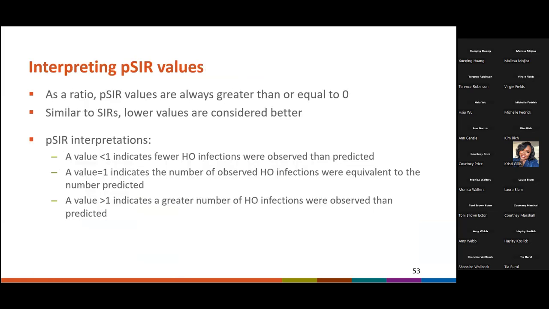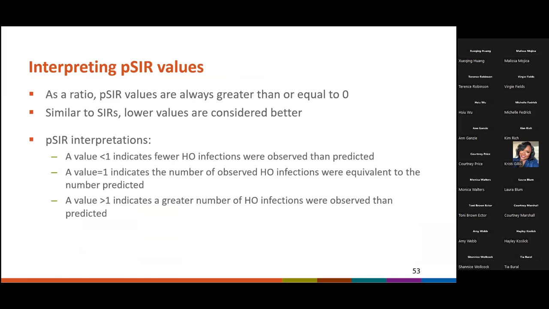As a ratio, pSIR values are always greater than or equal to 0. Similar to SIRs, lower values are considered better. And for the interpretations, a pSIR value less than 1 indicates fewer hospital onset infections were observed than predicted. A pSIR value equal to 1 indicates observed hospital onset infections were equivalent to the number predicted.